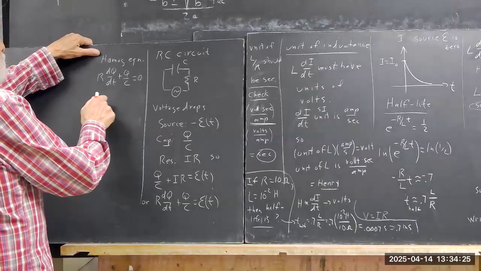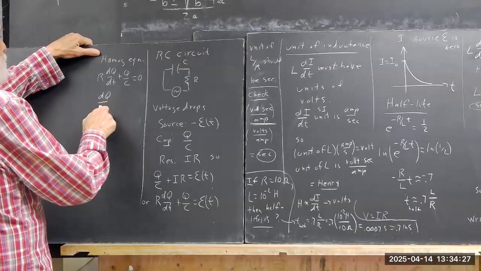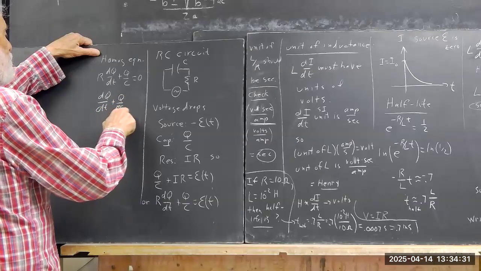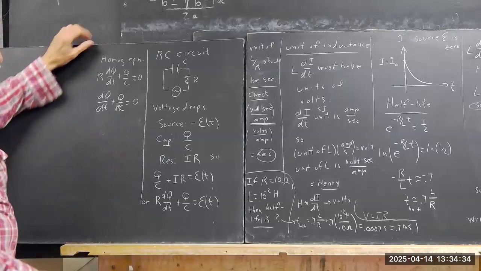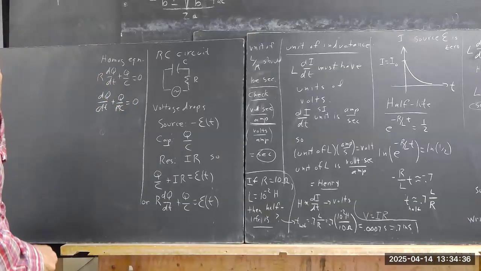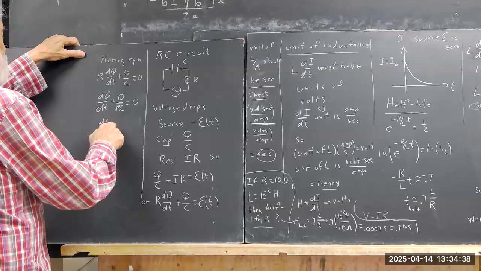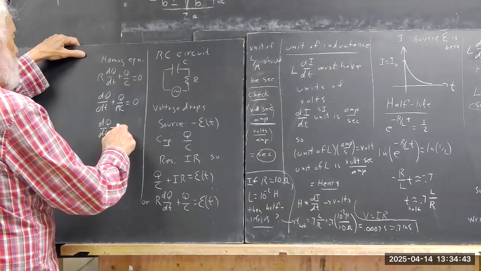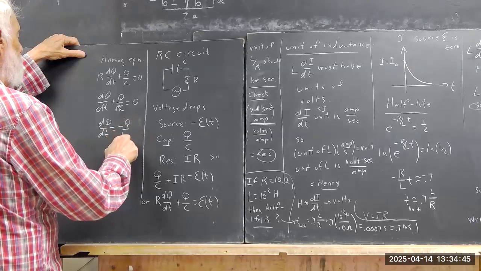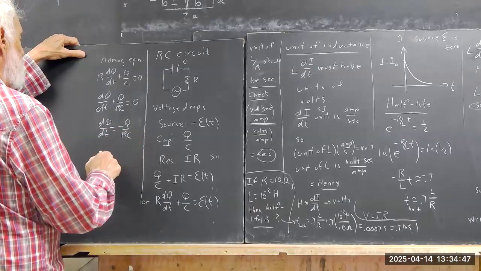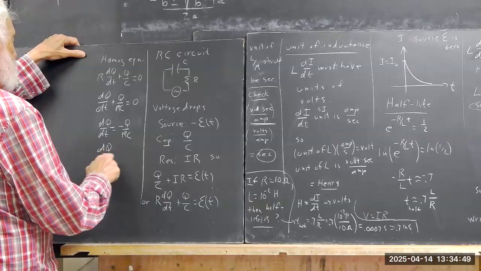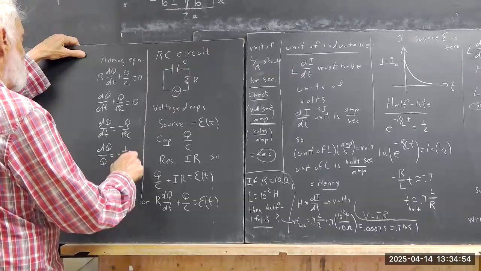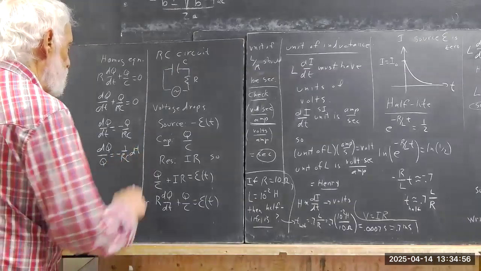Okay. So we could write that as dq/dt plus q over RC equals 0, divided through by R. So we could write dq/dt equals negative q over RC, so that dq over q equals negative 1 over RC dt.